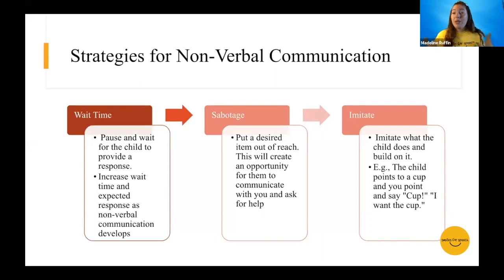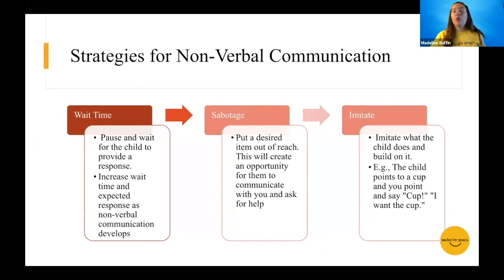And again, I'm going to build on that by using wait time, by imitating what he's doing, and by focusing on his nonverbal communication first and building from there. So for example, I started with a student who every time he wanted an object from me, he would cry.